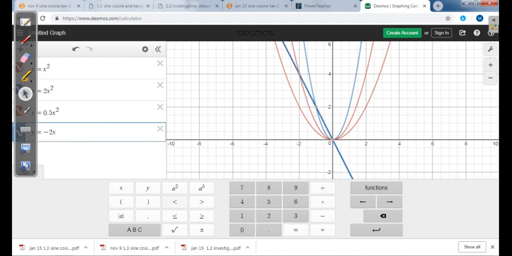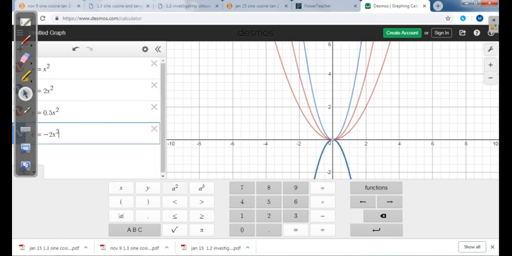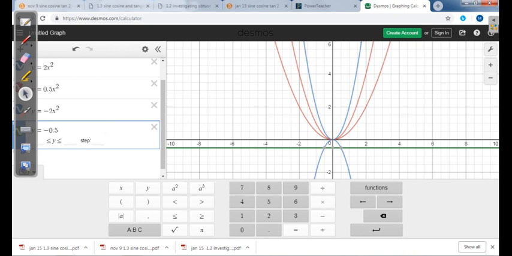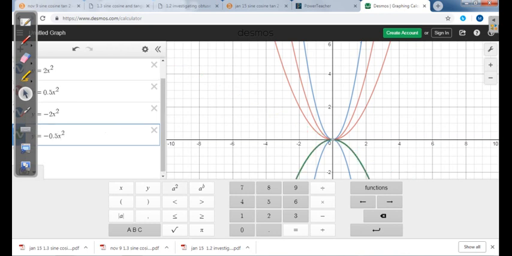The opening changed to down. Did I still have the vertical stretch? Yes. My vertex is still at 0, 0. The only thing that happened is I have a reflection. It's like I put a mirror and it's reflecting through the x-axis. So it's called a reflection. Same thing if I have y equals negative 0.5x squared. That's the same thing as this one, except it's reflected through the x-axis.